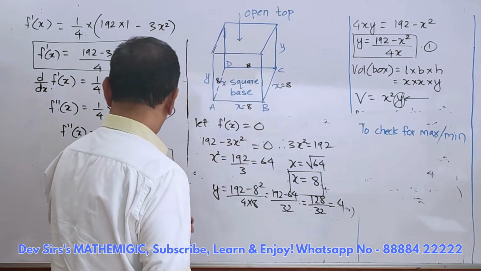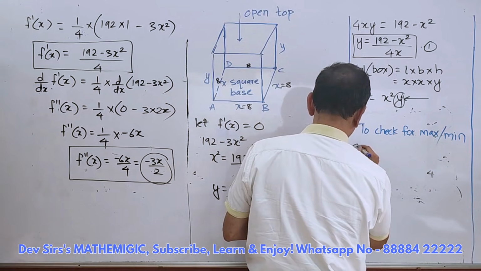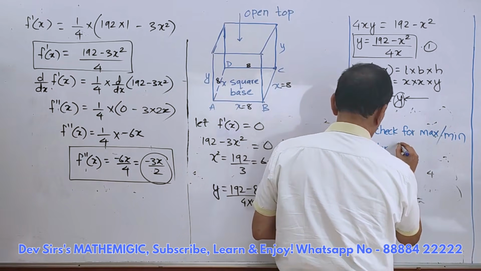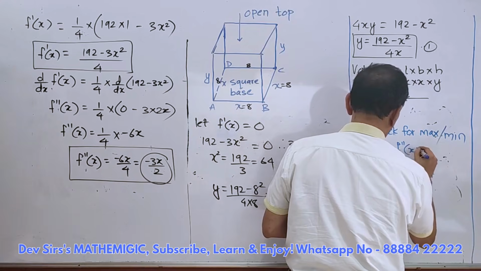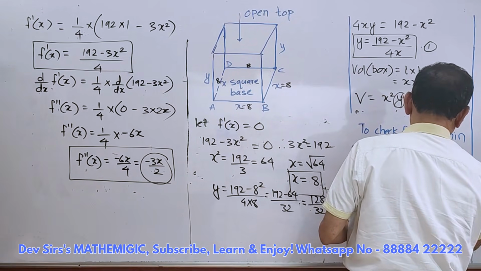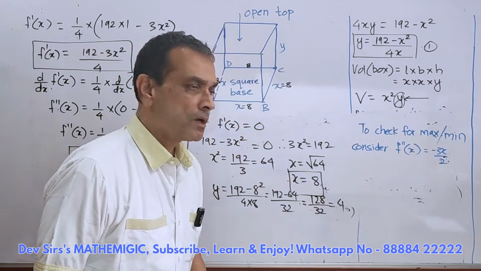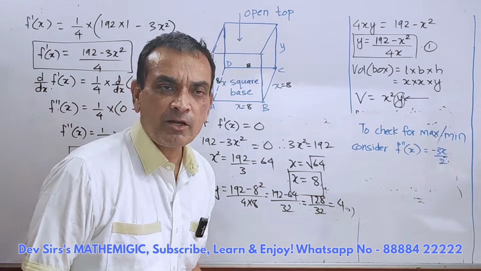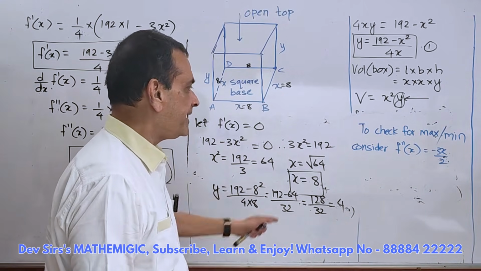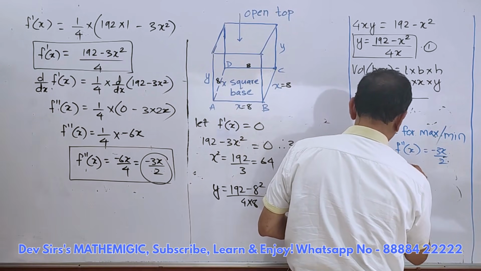To check for maxima minima, consider f double dash x. And you have to put the value of x. What is the value of x? 8. Therefore f double dash 8.